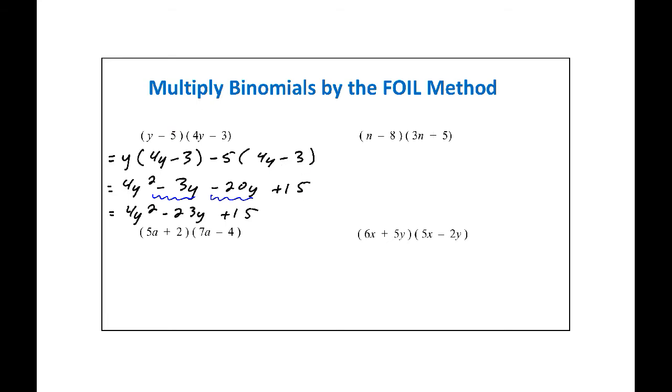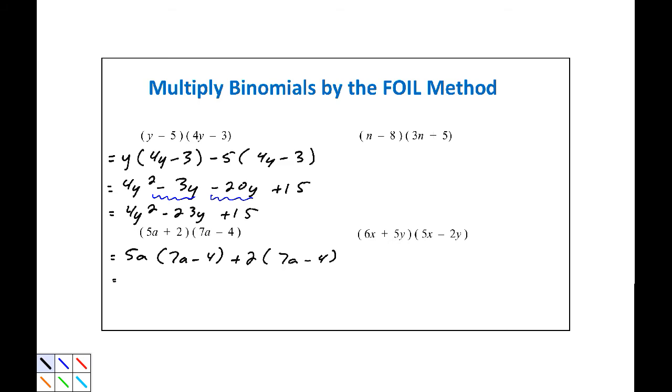All right, the second example I have is the quantity 5a plus 2 multiplied by the quantity 7a minus 4. And I would again write this as 5a multiplied by 7a minus 4 plus 2 multiplied by the quantity 7a minus 4.